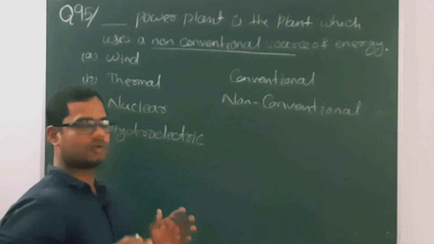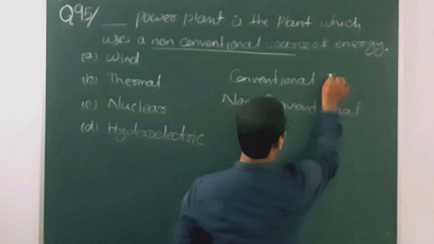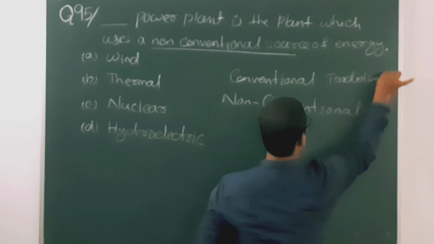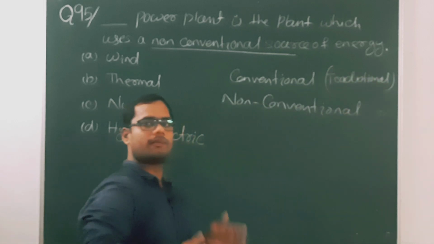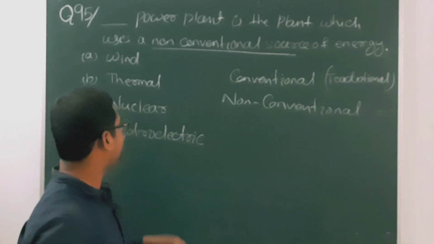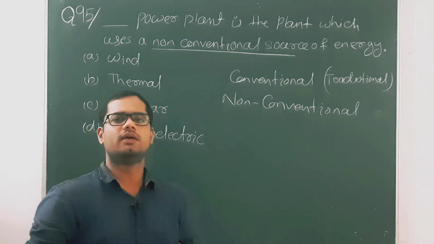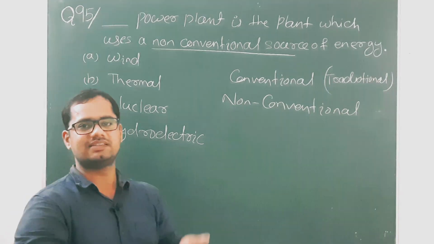The conventional sources are all traditional sources from where we get electrical energy, like the thermal power plant, the hydroelectric power plant, the nuclear power plant. These are all traditional methods.